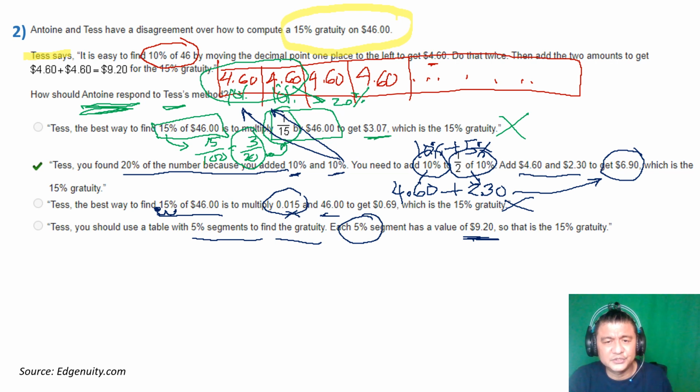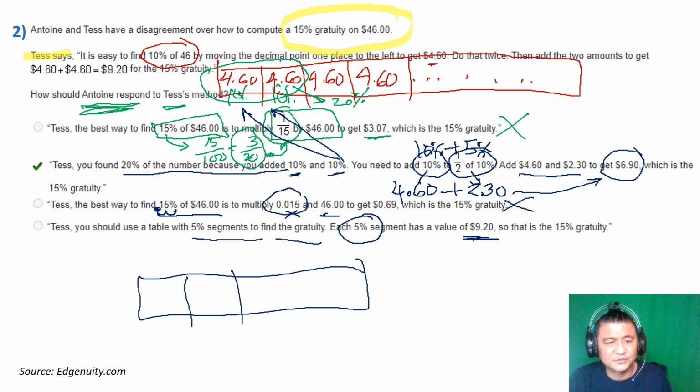No. If 10% is $4.60, half of it will be $2.30. This is the 5%.